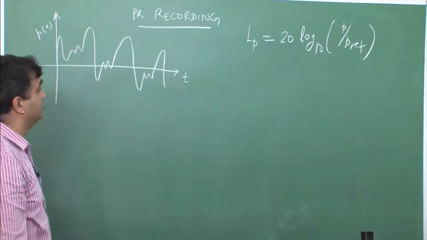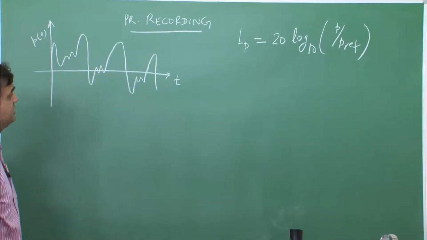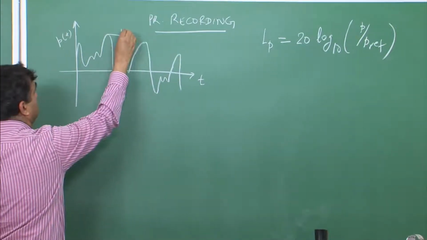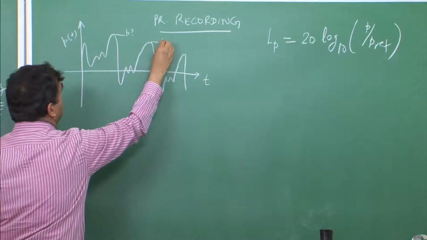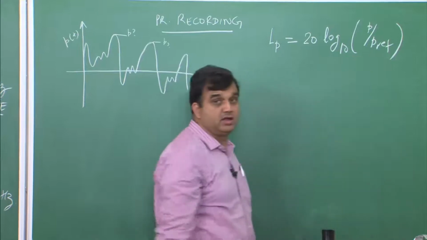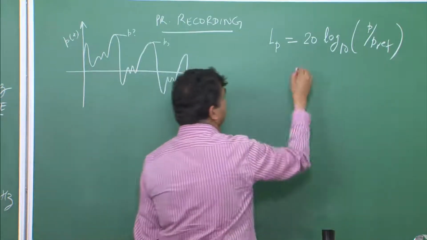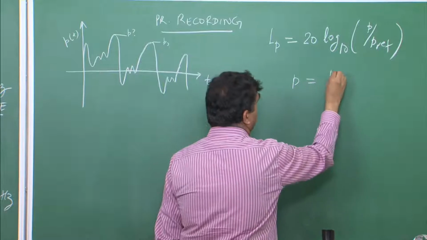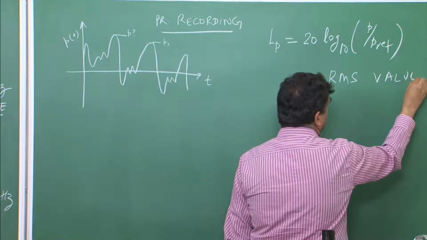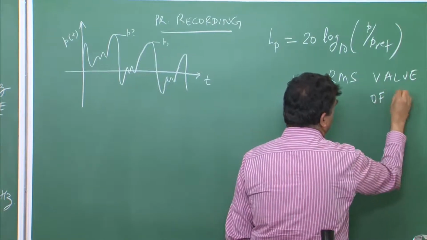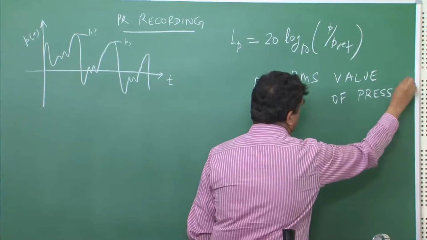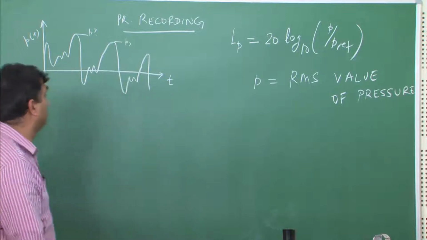I take the log of it on base 10 and then multiply by 20. So the question is, which value of pressure am I going to put in this formula? The answer is that this pressure is actually the RMS value of the pressure.